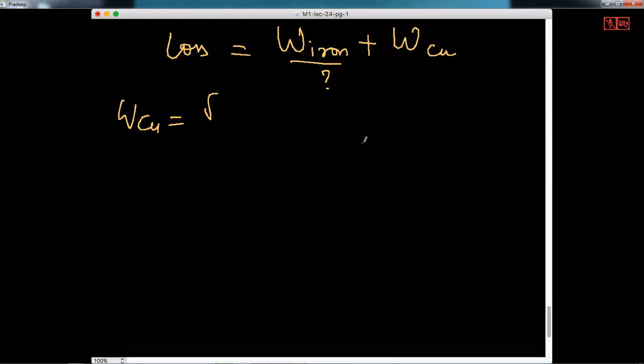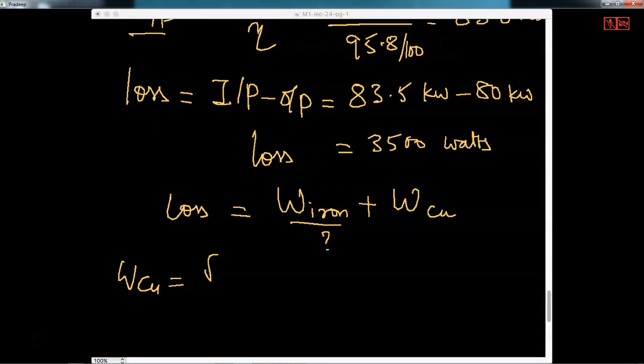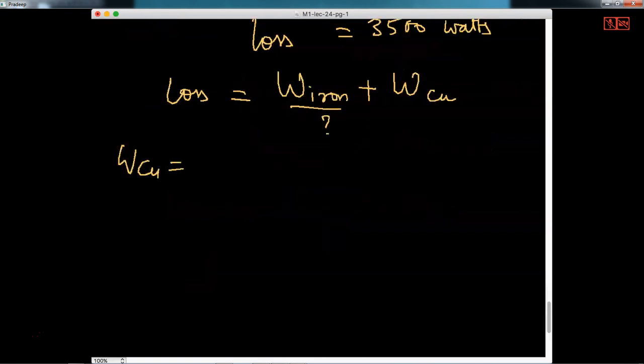Yeah. So first, in order to find the copper loss, I have to find my rated current. How to find the rated current? That is, just find I2.